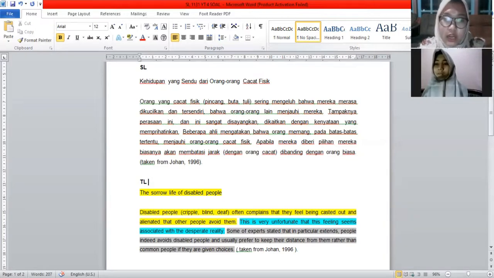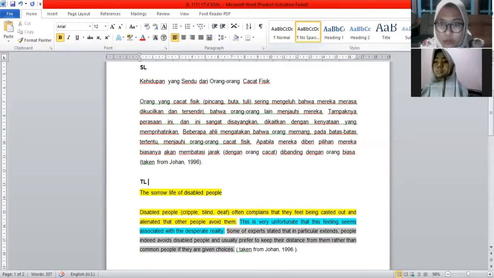In source language it is "orang yang cacat fisik, pincang, buta, tuli, sering mengeluh bahwa mereka merasa dikucilkan dan tersendiri, bahwa orang-orang lain menjauhi mereka." So in our target language, we use literal translations also, like disabled people as "orang yang cacat fisik," crippled, "pincang," blind, "buta," deaf, "tuli."